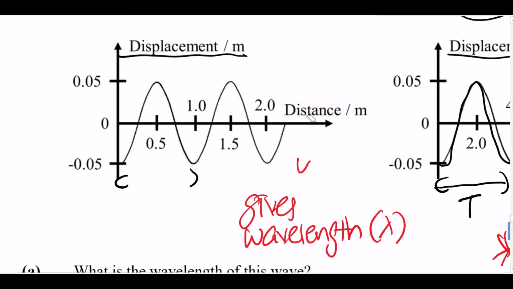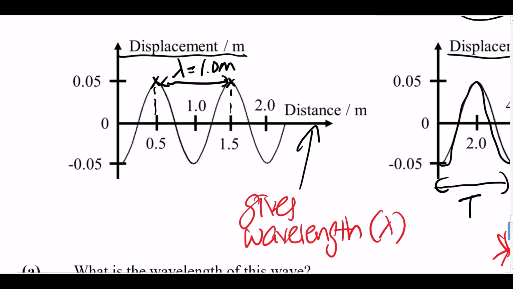This graph here gives us wavelength because it's a distance x-axis. So first of all, what is the wavelength of this wave? We can obtain it in three ways. One is the distance between two crests. In this case, from 0.5 to 1.5, we obtain that the wavelength is 1.0 meters.